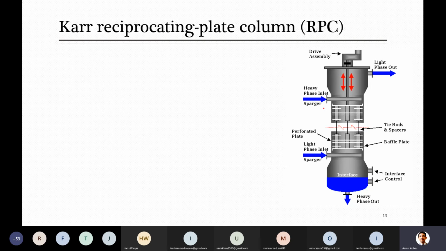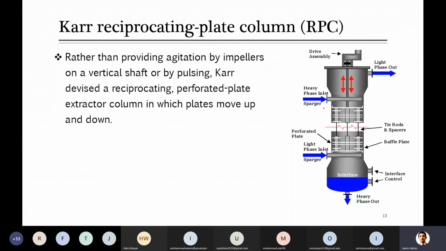So definitely this is dedicated to the plate column. If you have a plate column, you can reciprocate the plates. So in this kind of equipment, rather than using a complete shaft and impeller, he devised a mechanism where you can use perforated plates, like those already used in plate columns, inside the column.